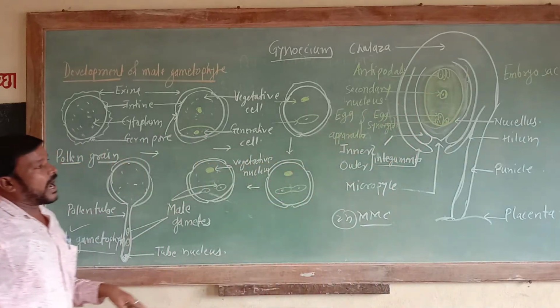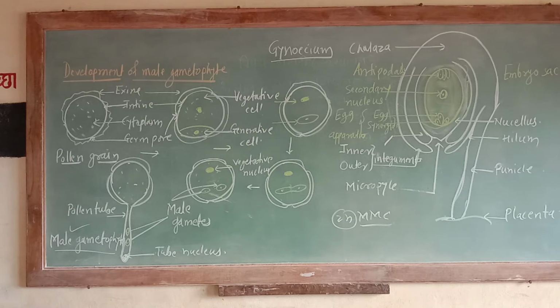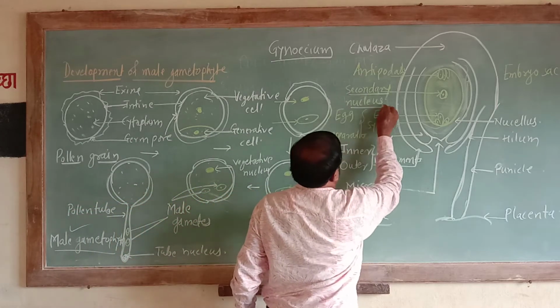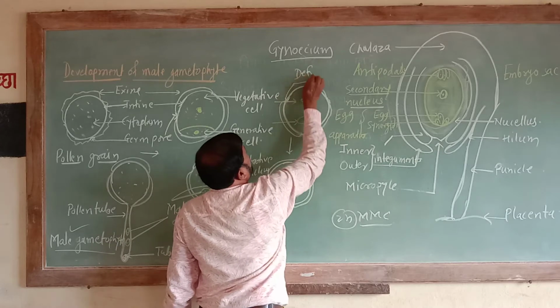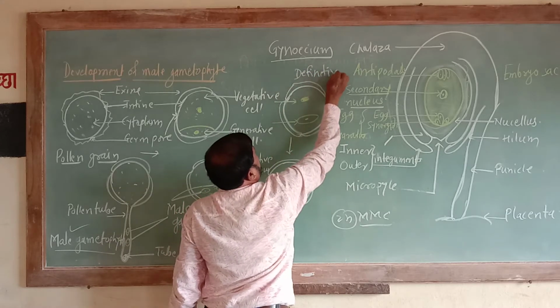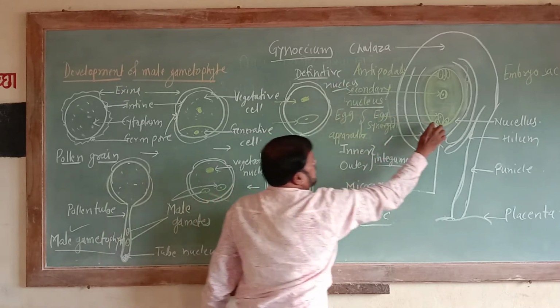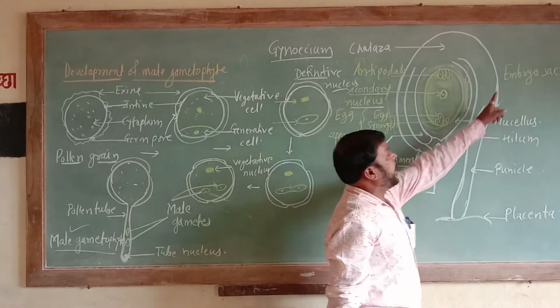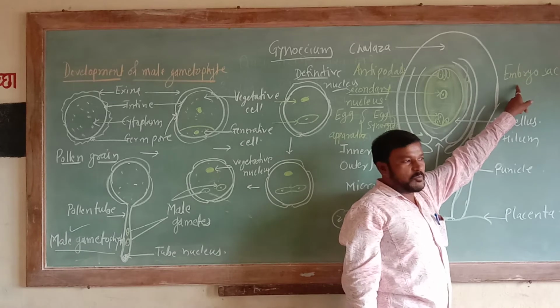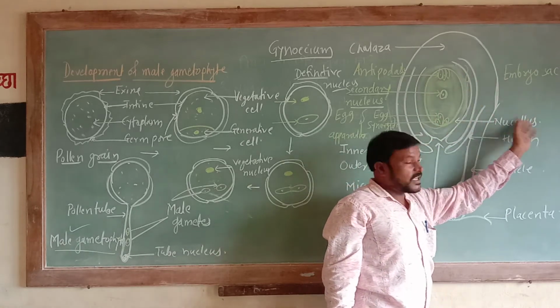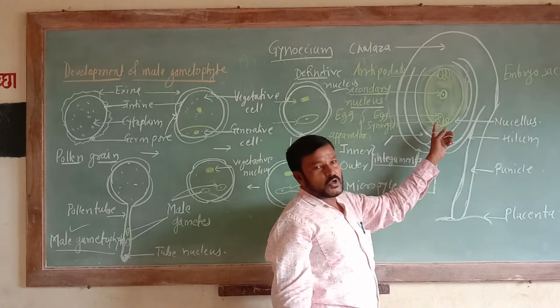Although the other cells are haploid, the secondary nucleus is diploid, and it is also called the definitive nucleus. And this whole structure is called the embryo sac or female gametophyte. How the embryo sac develops, we will discuss after this structure of the anatropous ovule.